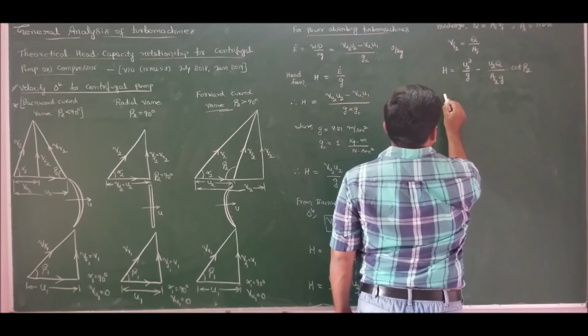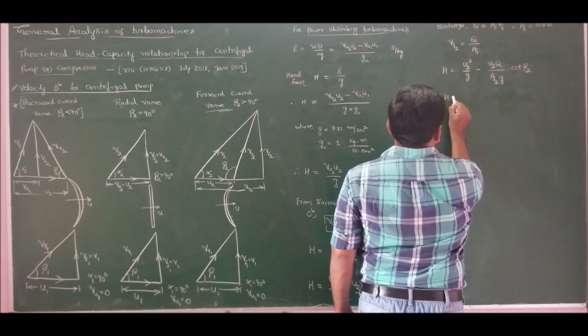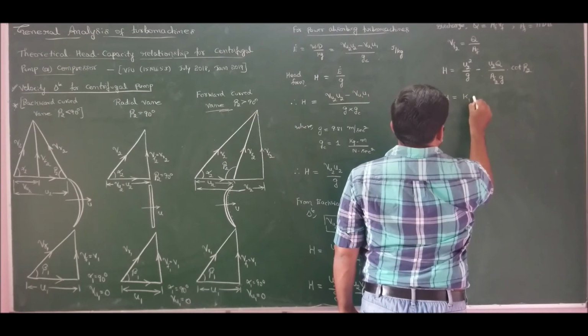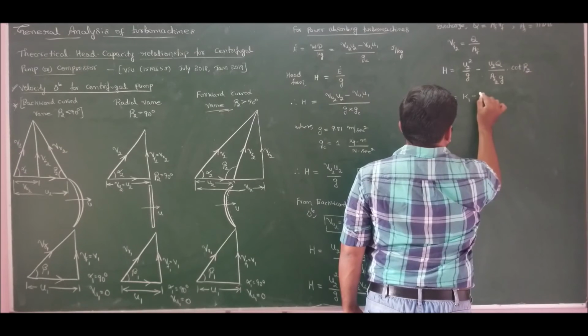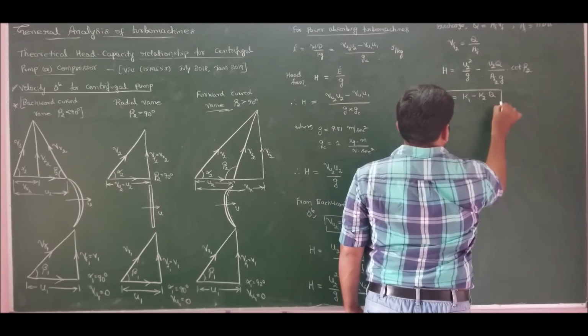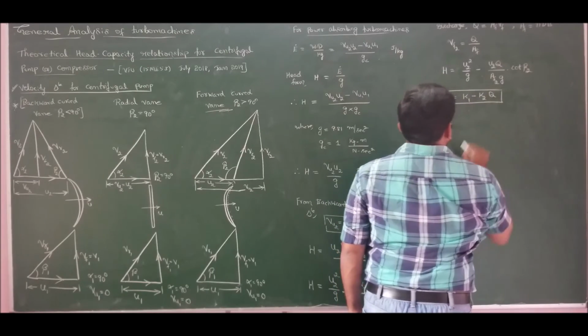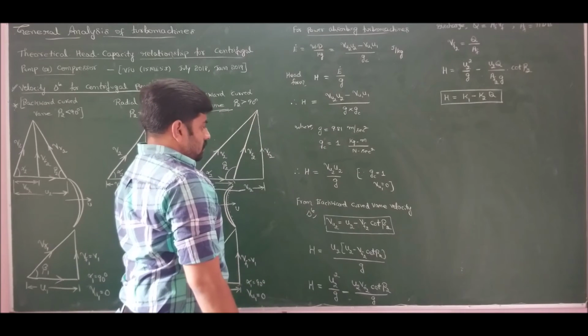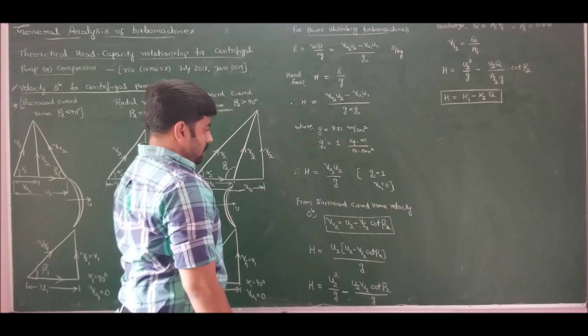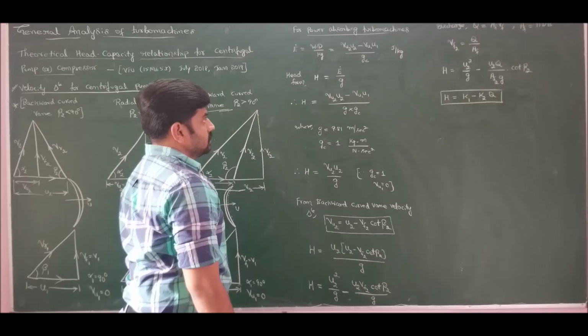So I can write this as H is equal to K1 minus K2 into Q. This is the theoretical head capacity relationship.